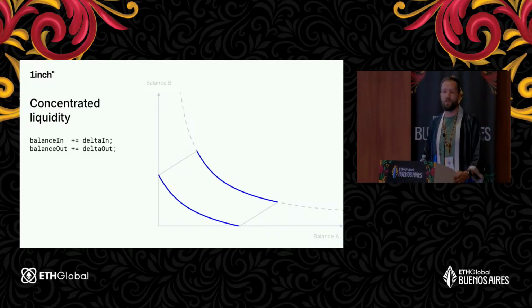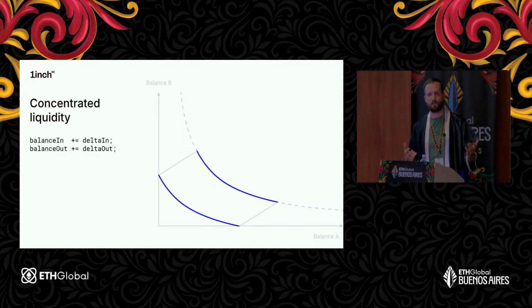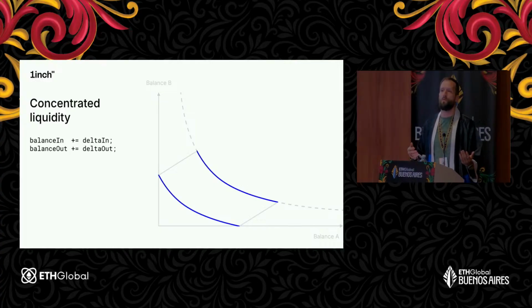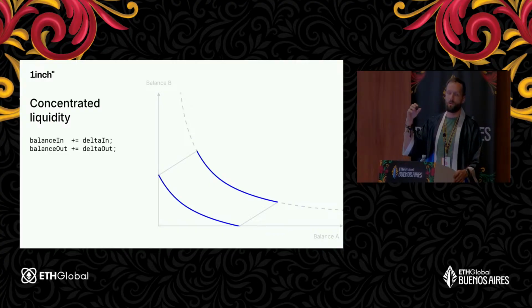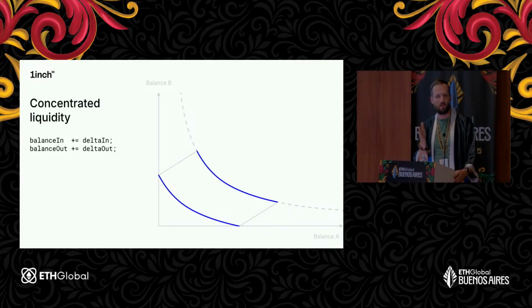So the idea was that if we just increased balances, then the constant product formula would try to spend too much balance during trading. And the idea was to find constants which would increase it in such a way that when it spends all the balance, you reach the desired price range.